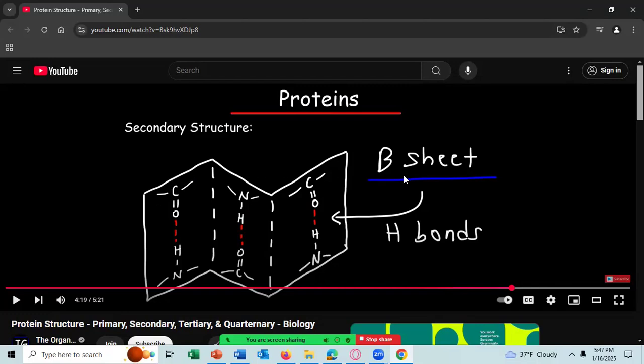So the hydrogen bond is probably the main bond stabilizing the secondary structure, but there are other, not bonds, but other forces that can stabilize the secondary structure, and they could be forces of attraction, like the ionic bond, the hydrogen bond, or even another one that is an attraction, the van der Waals forces, and that is if this is a nonpolar amino acid, and this is a nonpolar amino acid, they will like being together.